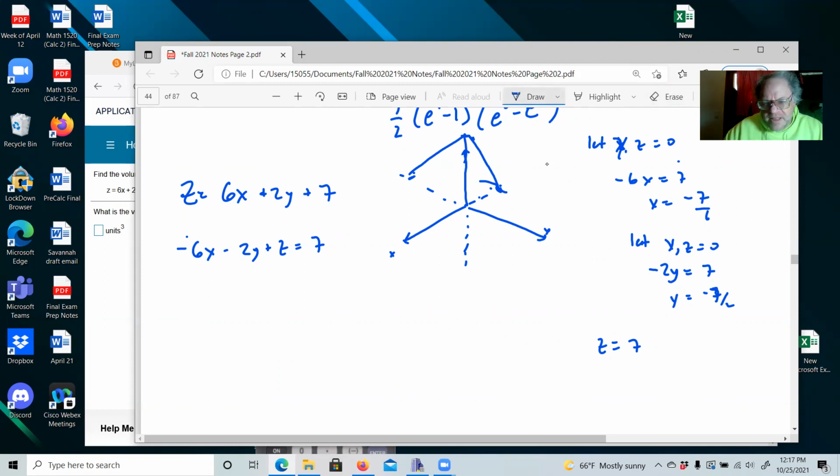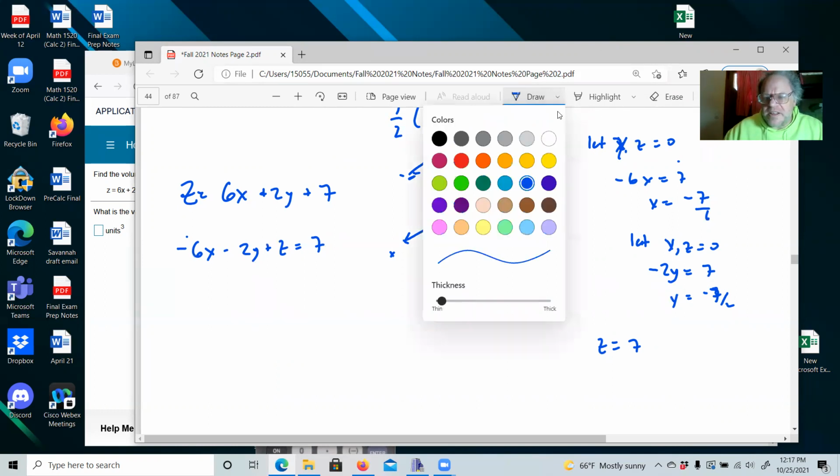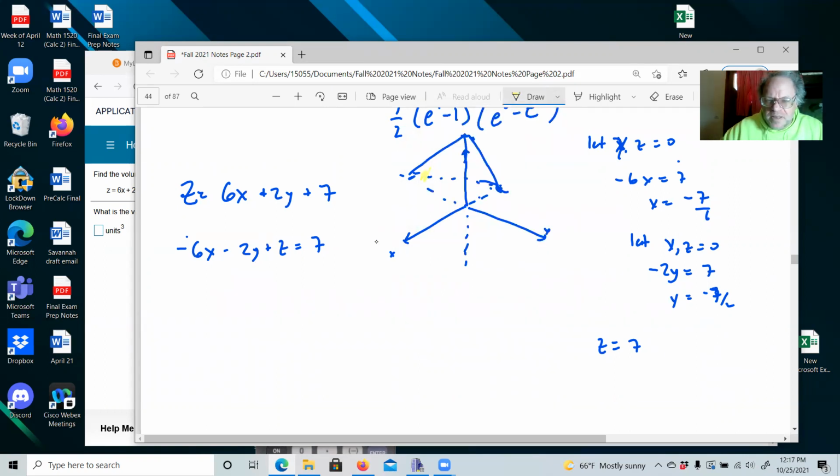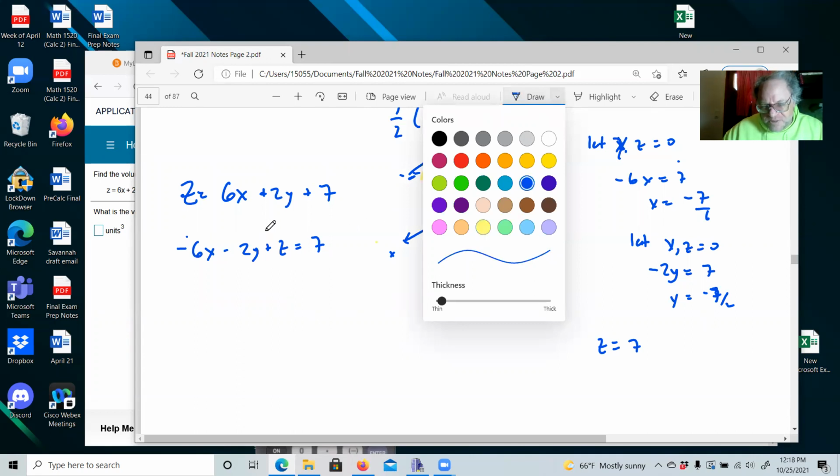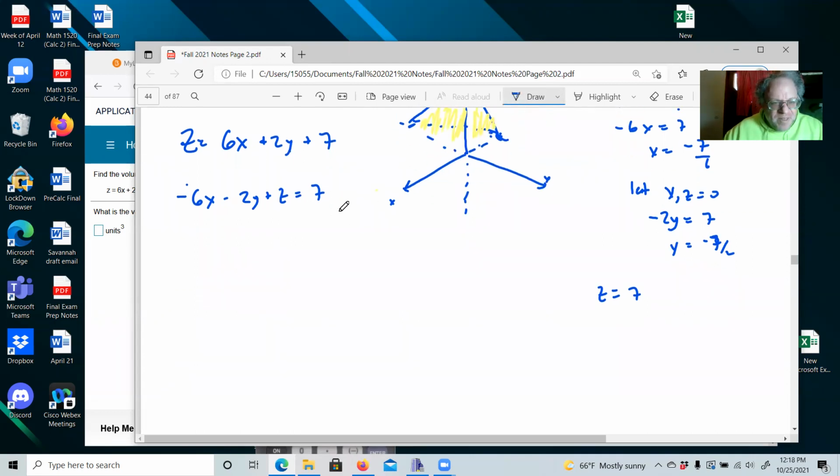I should have done it like this. Can't really see too well, but all of this area in here, that's what we want. So it's like a pyramid type thing.